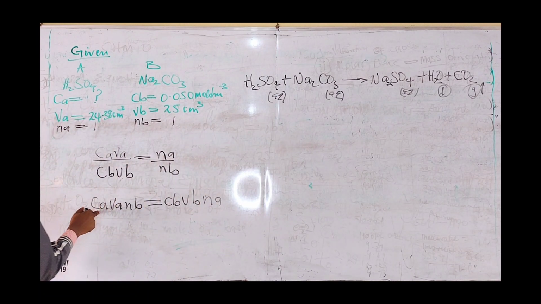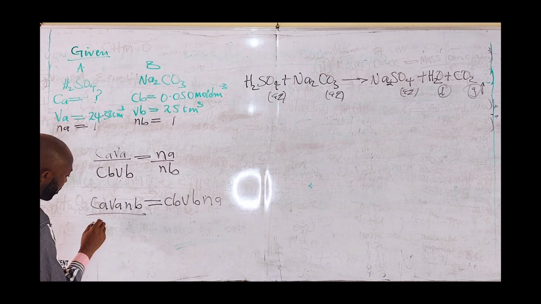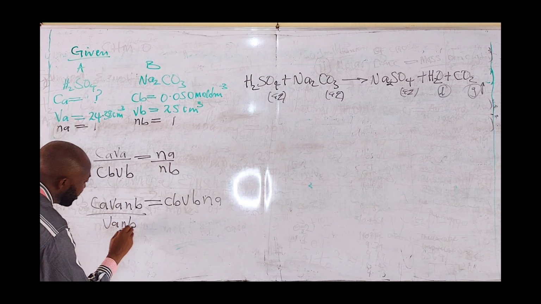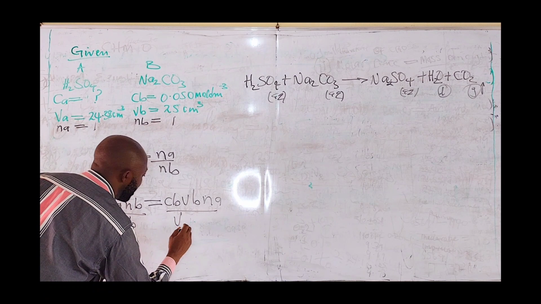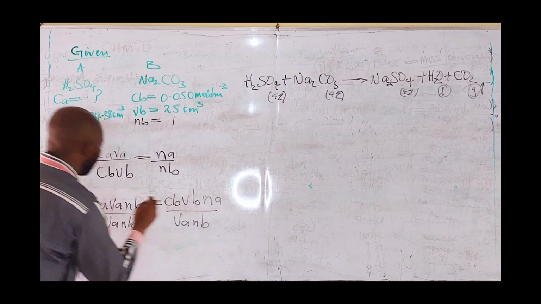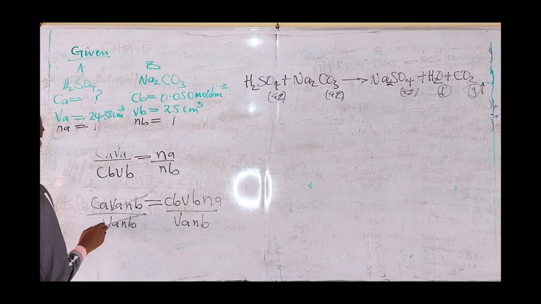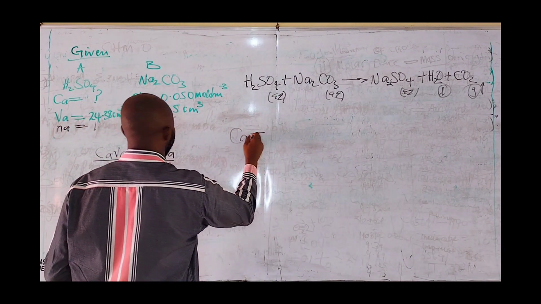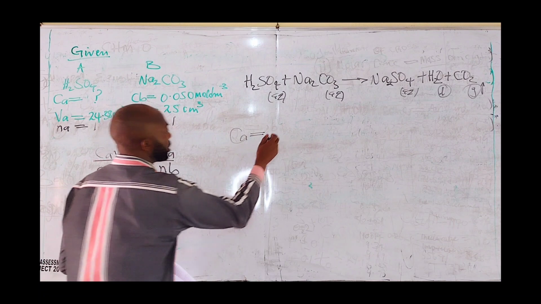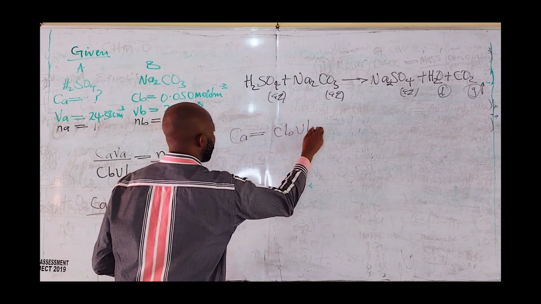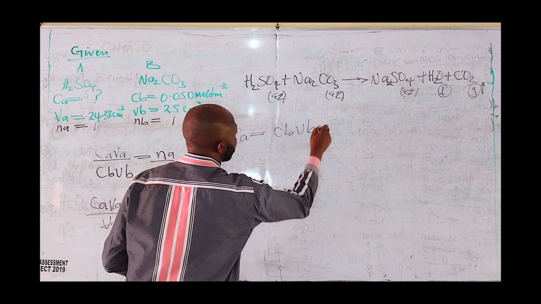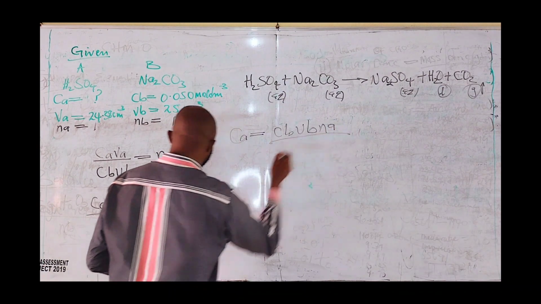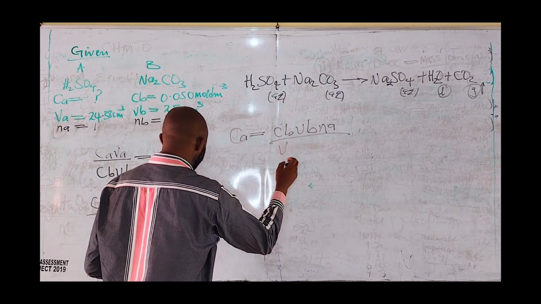I'm looking for CA, so I will divide both sides by VANB. This will cancel itself, and I have my CA is equal to CBVBNA all over VANB.